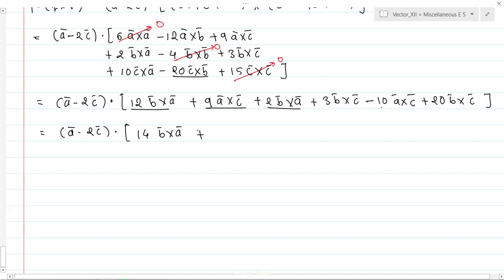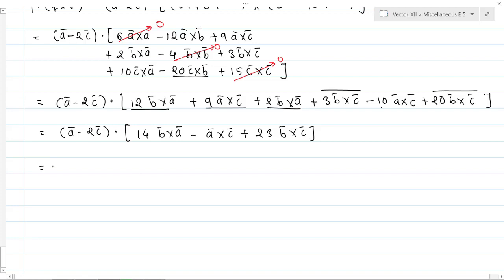I hope it is okay. Then we have 3 B bar cross C bar and 20 B bar cross C bar, both are plus, so it will be plus 23 B bar cross C bar. This is what we have inside the bracket.